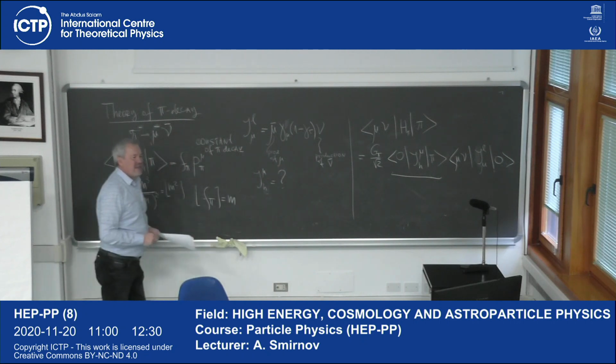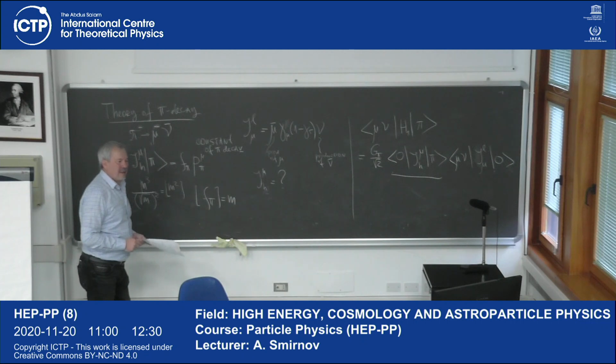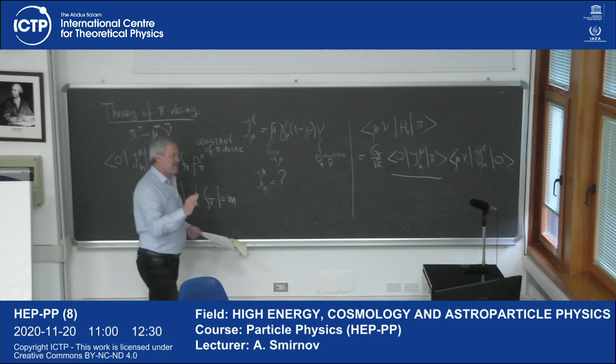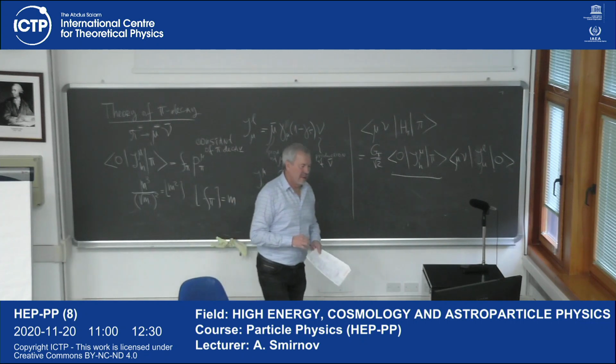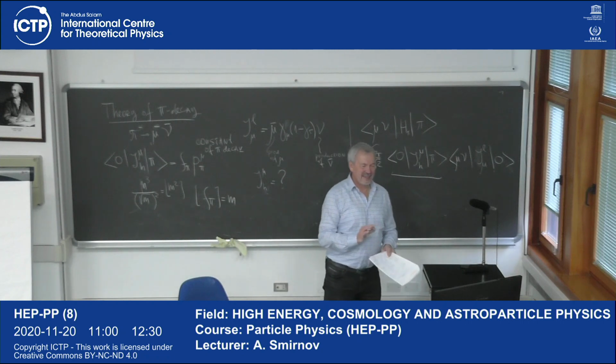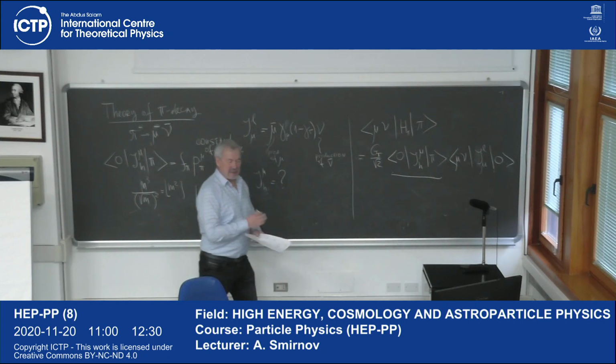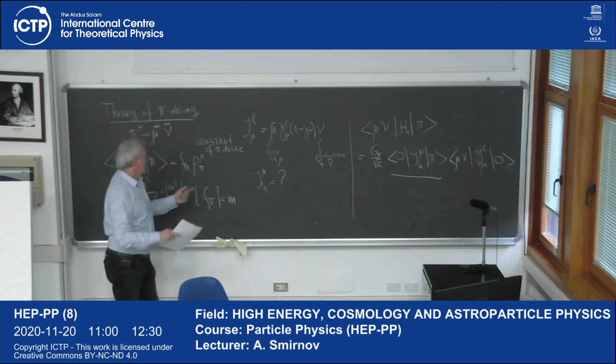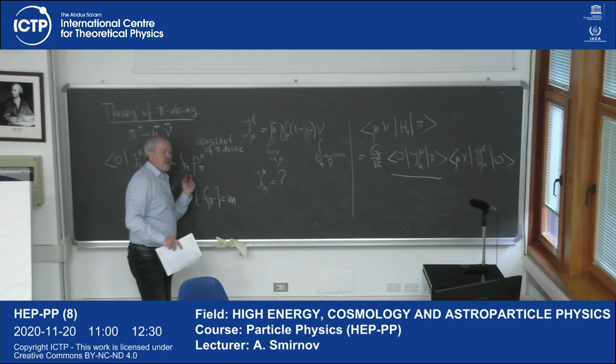Which actually has a very deep meaning. Let me just take this term, and you should appreciate that this is really something very important. This is nothing but the vacuum expectation value which breaks chiral symmetry. So in the 60s, this kind of theory was constructed.